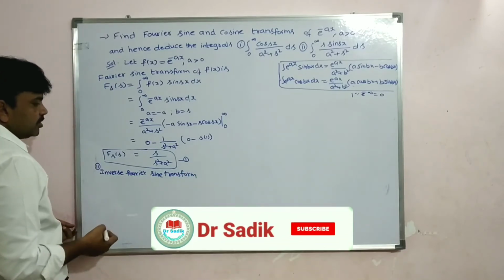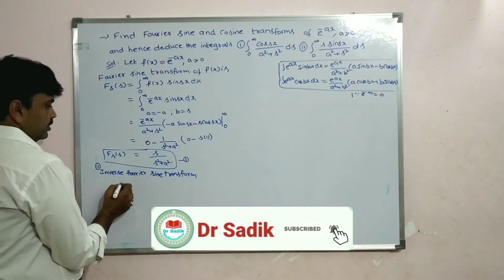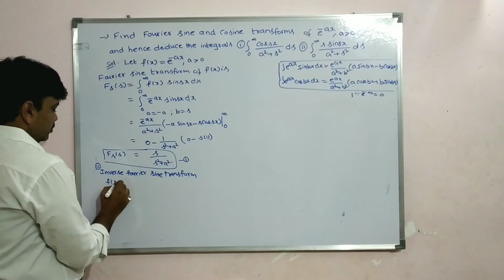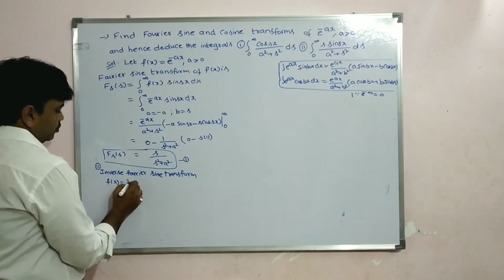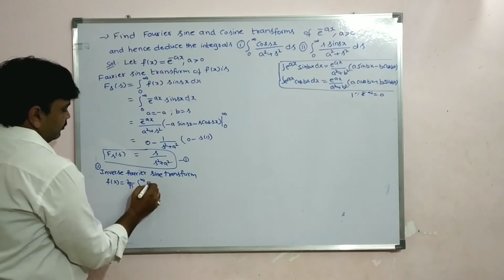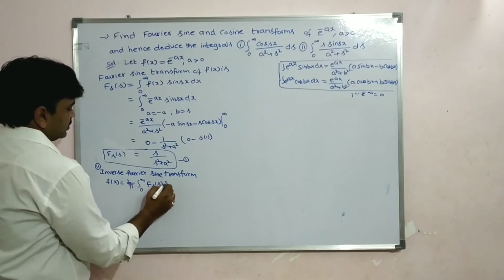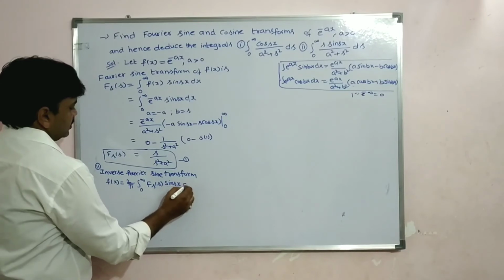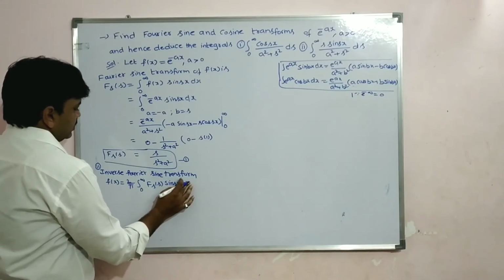What is the inverse Fourier sine transform? f of x is equal to 2 by pi integral 0 to infinity Fs of s sin sx ds.